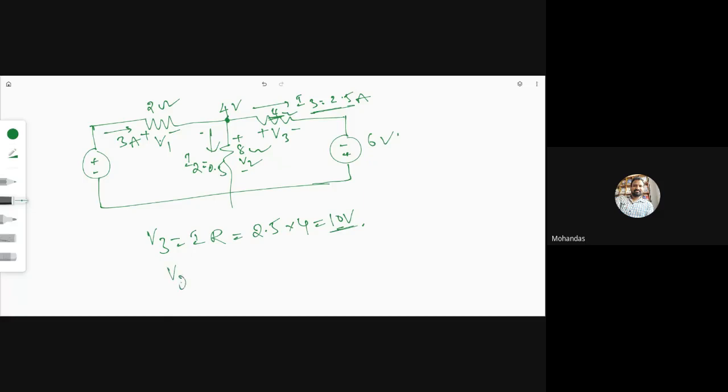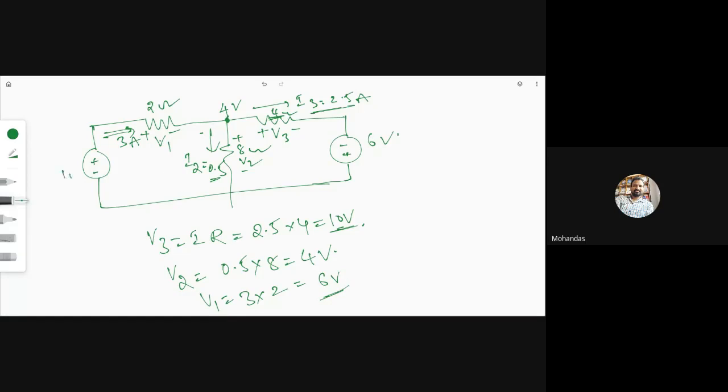Similarly, calculate this voltage, V2. The current is 0.5, R is 8, so 4 volts. Okay? Next, V1. This current is 3 amperes, 3 into 2, how much? 6 volts.